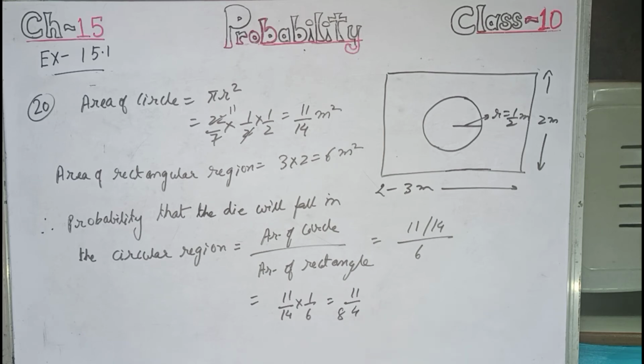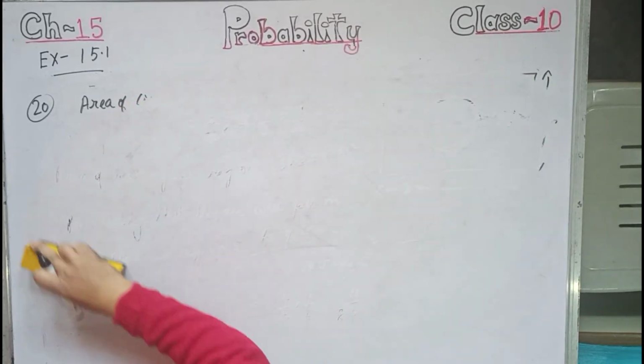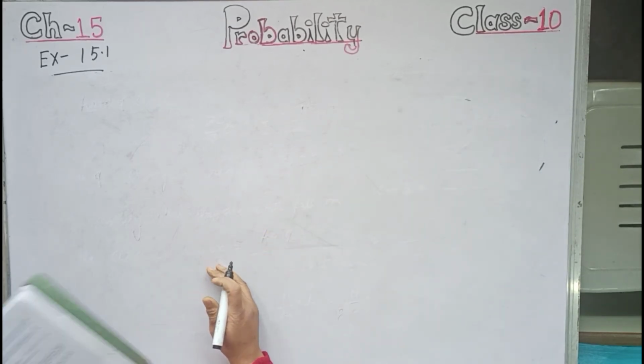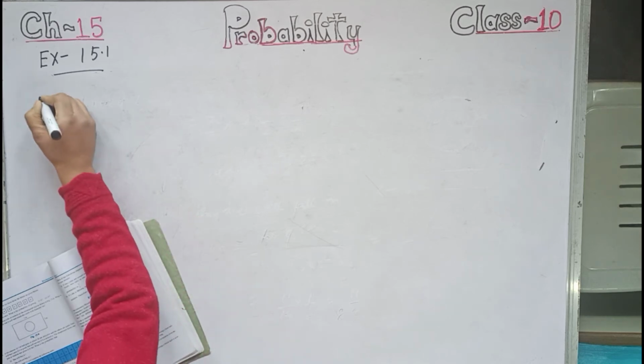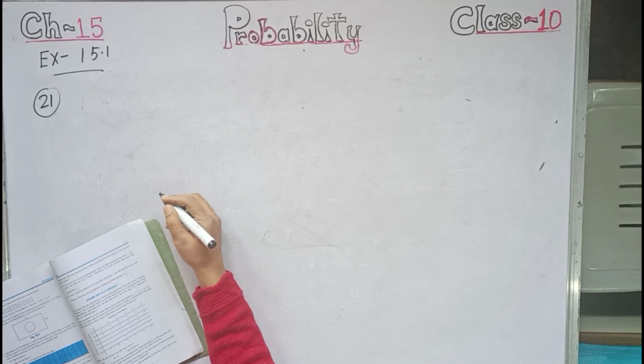Now let us move to question number 21. Question number 21 says that a lot consists of 144 ball pens, of which 20 are defective.